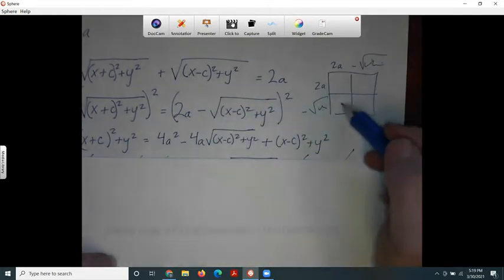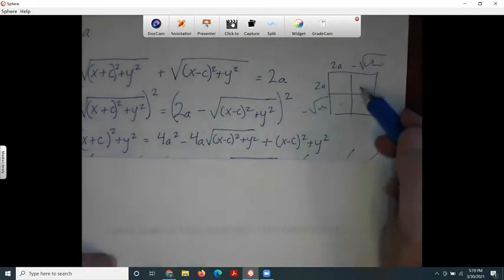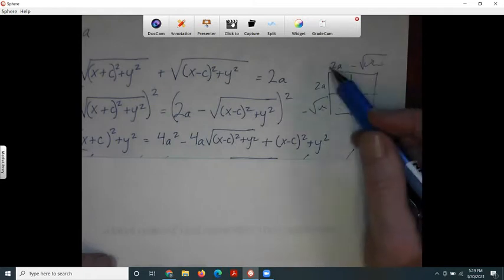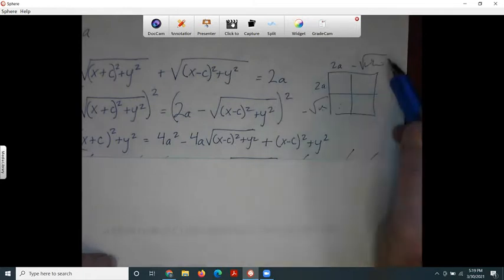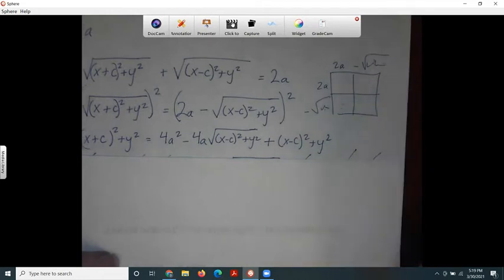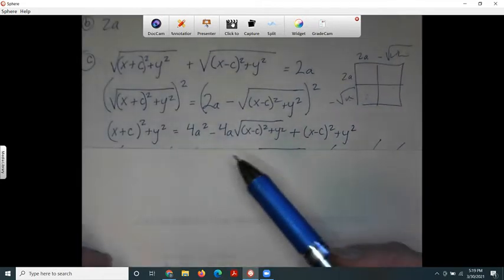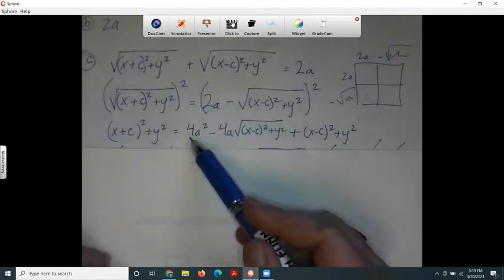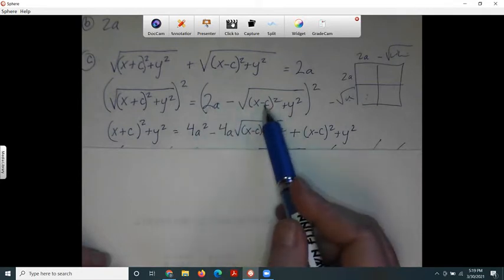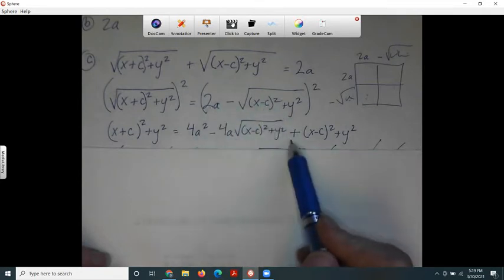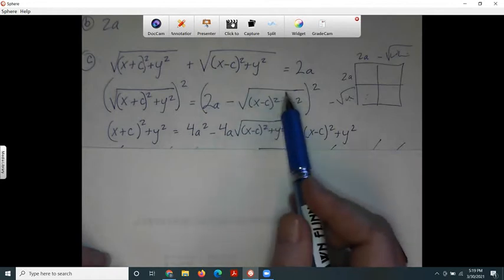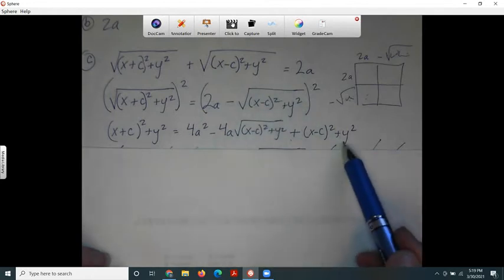But then you're going to get 2 of them right here. So work this out. Put the stuff inside there when you do it. Work this out the long way if you don't understand the squaring pattern. So basically, you take the first thing, square it, then you take the first thing times the second thing times 2, and then you take the second thing squared, and there's that.